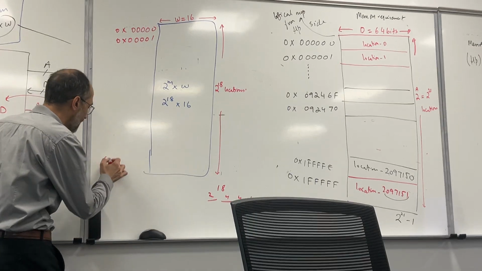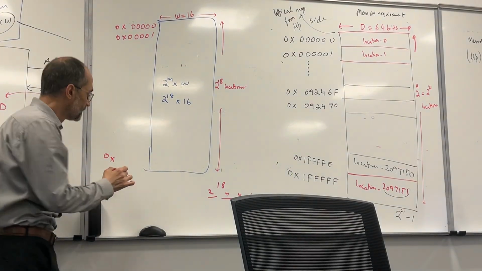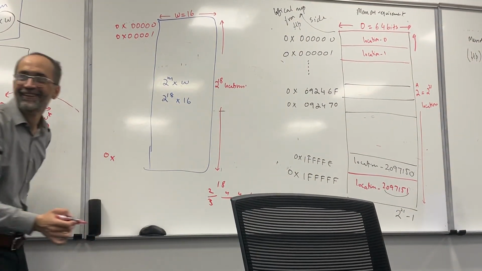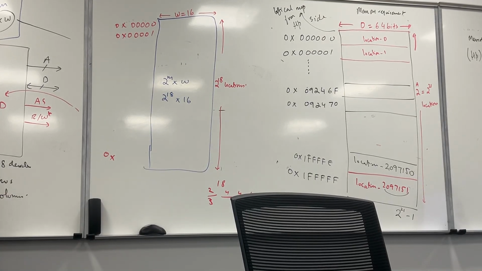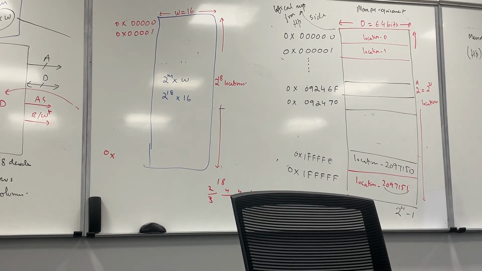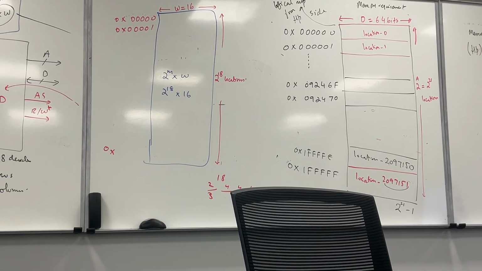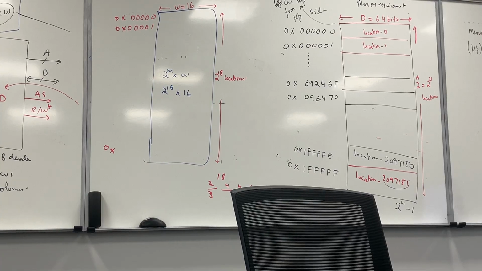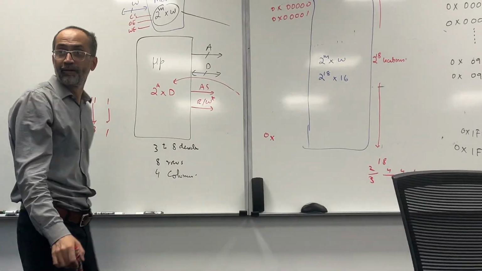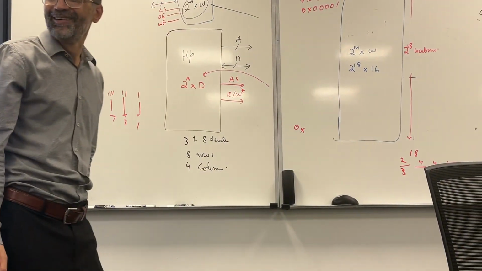Then the last address: 0x what? The top two bits are 1, 1, which is 3, and then all ones, 1, 1, 1, 1, which is F. Did you get it or not?